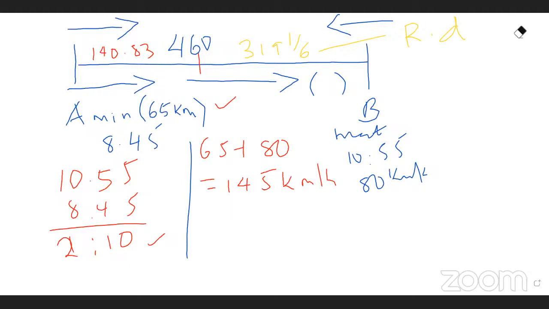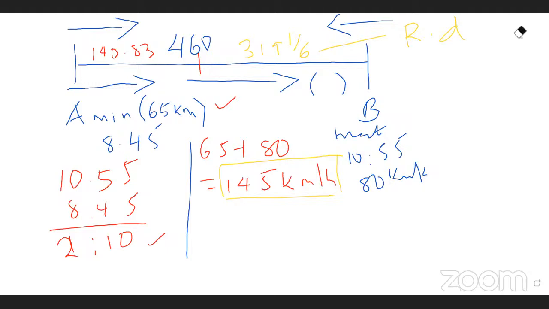The 140.83 is the distance that A covered before B started moving. The distance between the two towns was 460. So subtract the distance the minibus covered before the matatu started moving, and you get 319 and 1 over 6. That is the relative distance. Now this relative distance is to be covered with this relative speed.